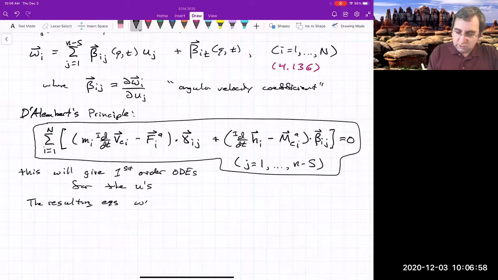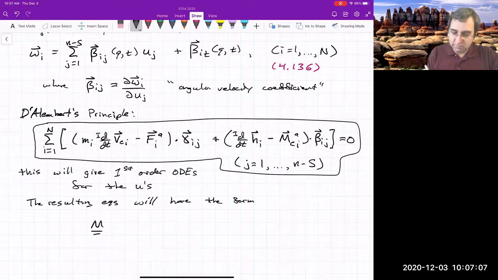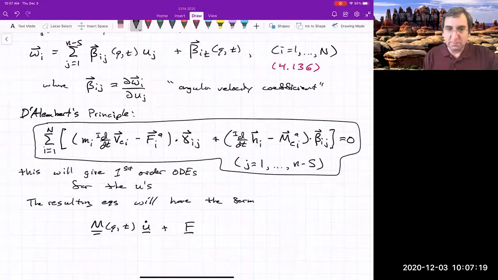The resulting equations will have the form of a mass matrix times the U's made into a column vector, that's U dot, plus F, another column vector, a function of q, U, t.